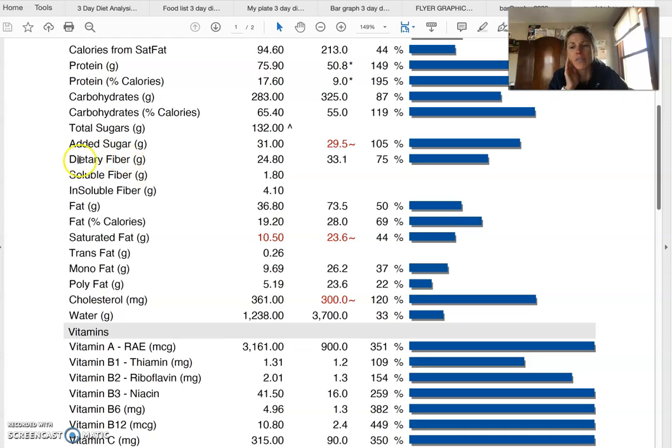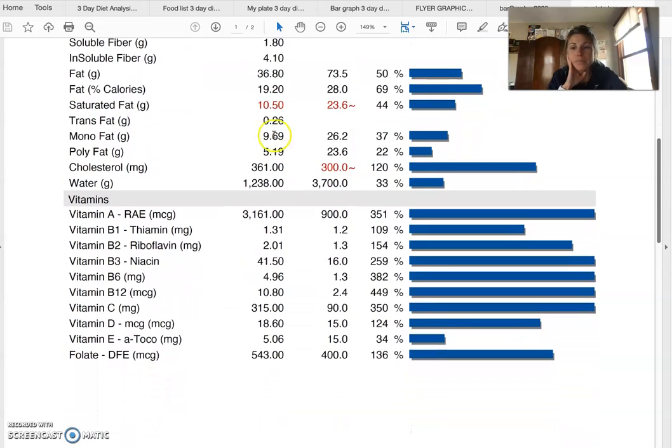I did have a couple of you tack fiber on, soluble fiber and insoluble fiber, you added it to the dietary fiber. The dietary fiber is all the fiber together, including soluble and insoluble. It's just breaking it down for you. So dietary fiber is your total intake of all fibers, soluble and insoluble.